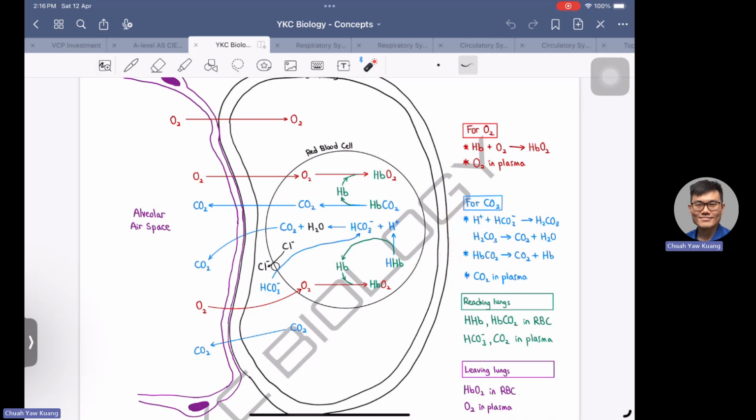The lung environment has high partial pressure of oxygen, low partial pressure of carbon dioxide, and slightly higher pH. And all of these will increase the affinity of the hemoglobin towards the oxygen, and thus favor the binding of the oxygen to the hemoglobin to form the oxyhemoglobin.